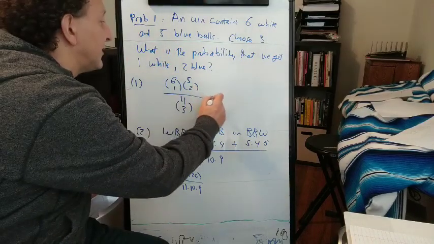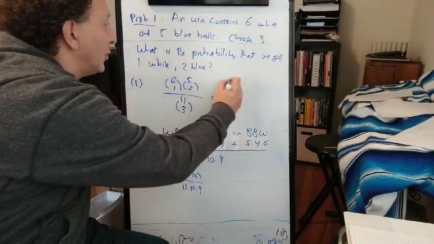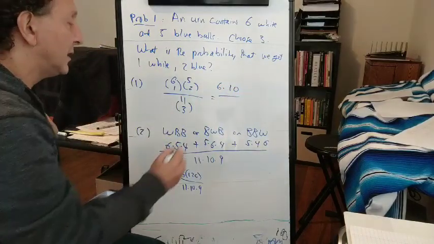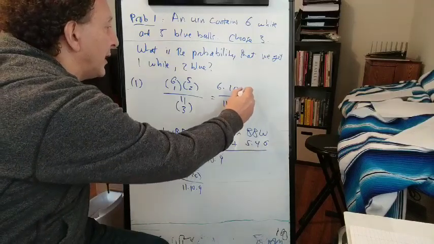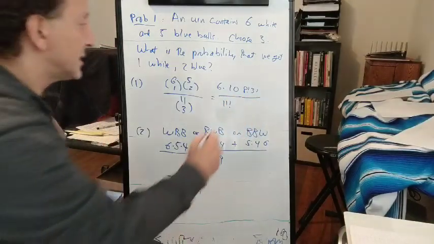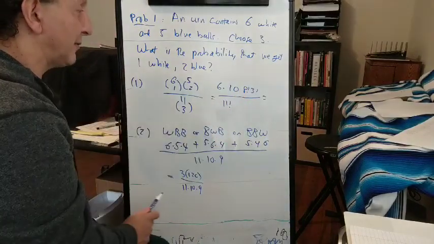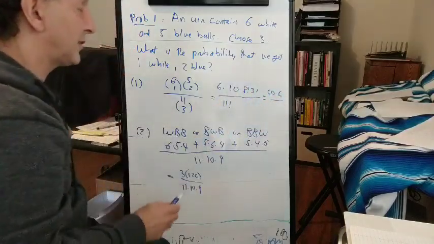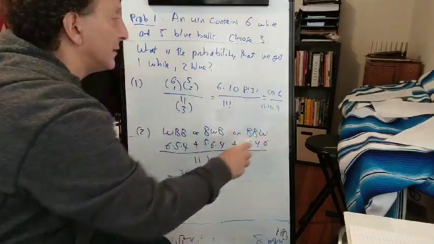Alright, so what is this? This is 6 times 5 choose 2, which is 5 times 4 over 2, which is 20 over 2, which is 10. 11 choose 3, let's see, is 11 factorial divided by 8 factorial times 3 factorial, which is 60 times 8 factorial cancels most of the 11 factorial. 60 times 6, 3 factorial, 6 over 11 times 10 times 9.